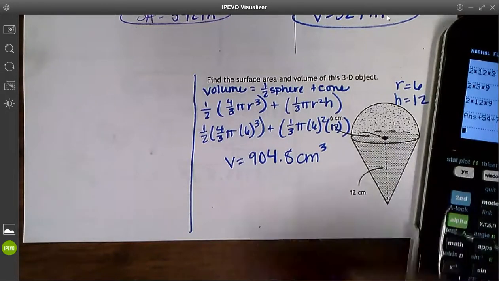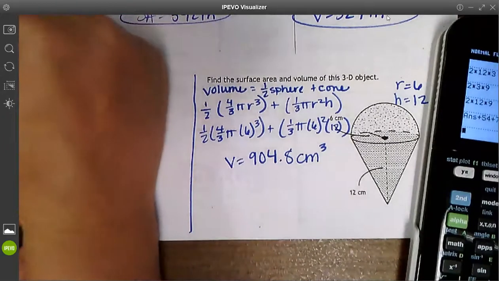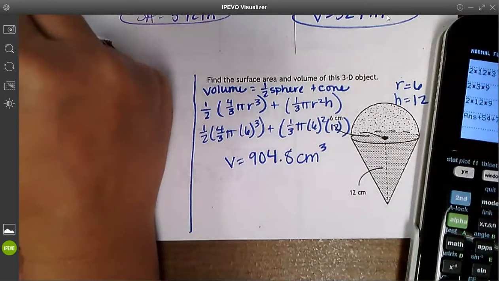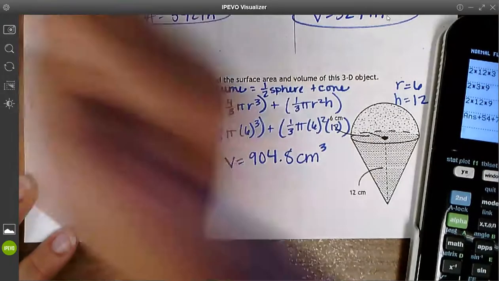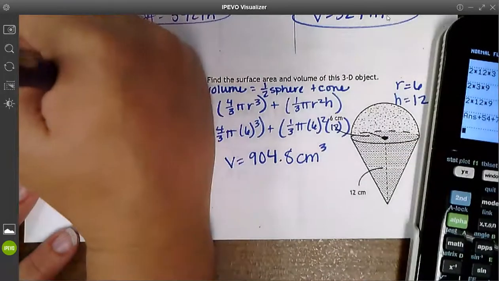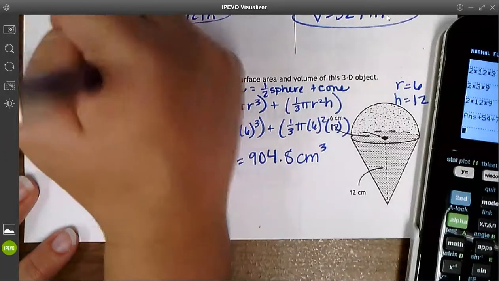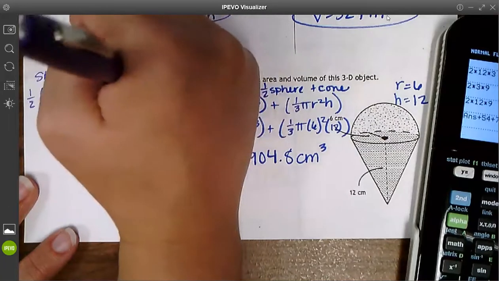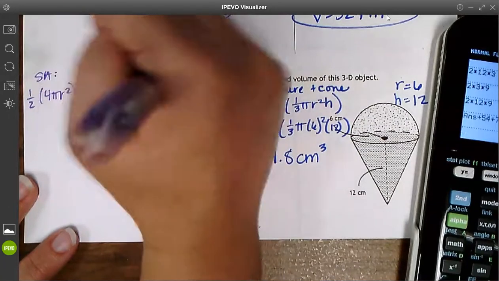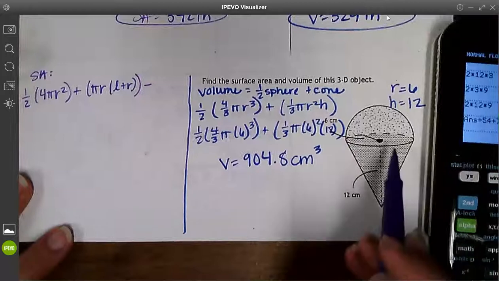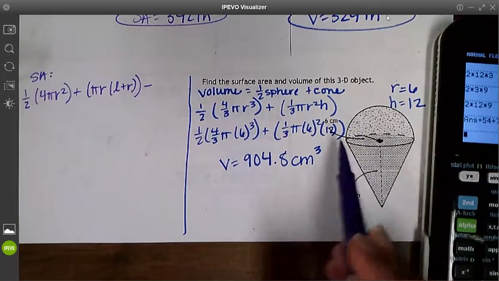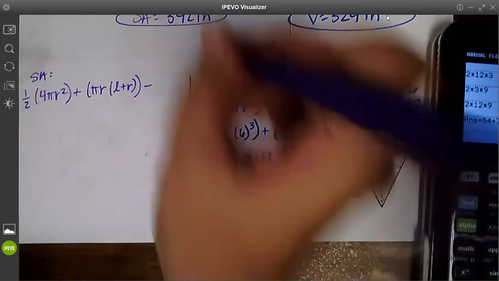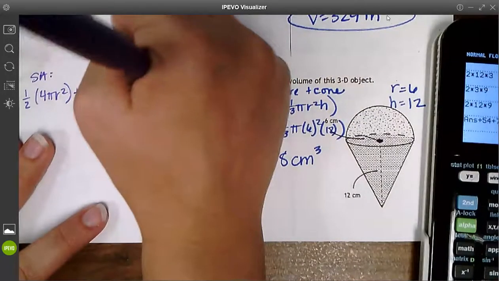So I'm going to start with half of my sphere, half of 4 pi r squared, plus the formula for surface area of a cone, which is pi times my radius times my slant height plus my radius, but then minus this circle, which would normally be part of the surface area of the cone, but is now hidden by that part of the sphere. So minus the area of a circle there, which is pi r squared.